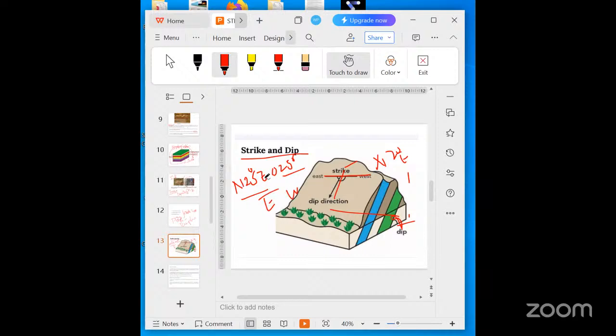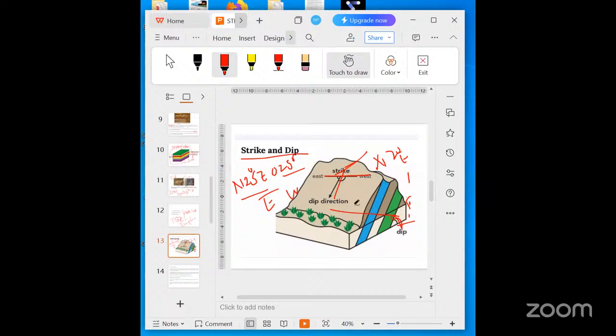Another technique is to take the strike, which makes a dip 90 degrees to the right of the strike. When this method is used for representation, the redundant letter that follows the dip angle is omitted, according to the right-hand rule in geology.